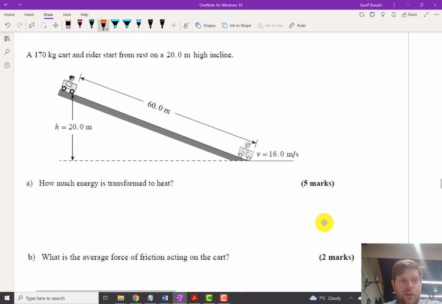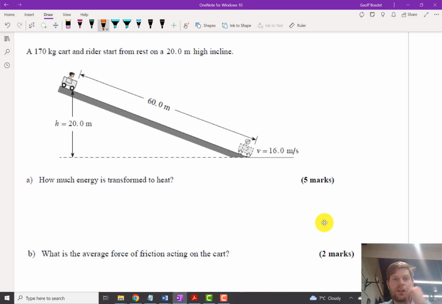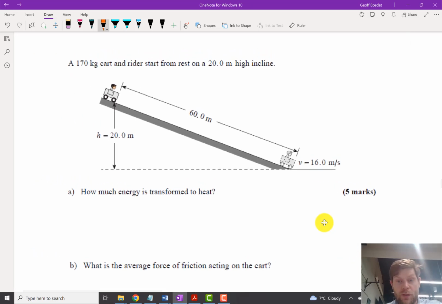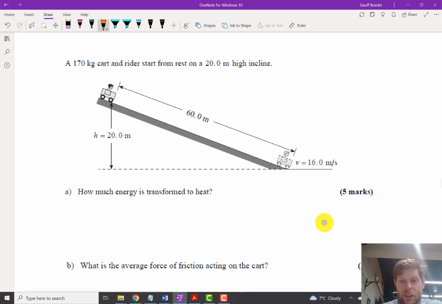All right, we've got this go-kart rider starting from rest on a 20-meter high incline, and we want to know how much energy is transformed into heat. We're going to have to do conservation of energy to find how much energy is transformed to heat, which shouldn't be too bad.